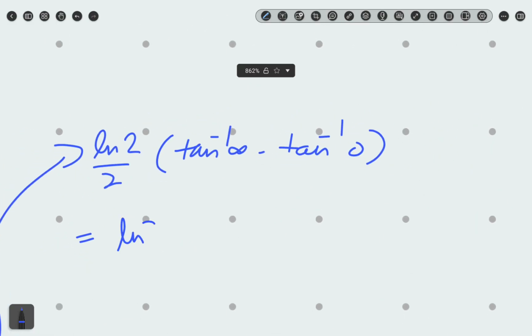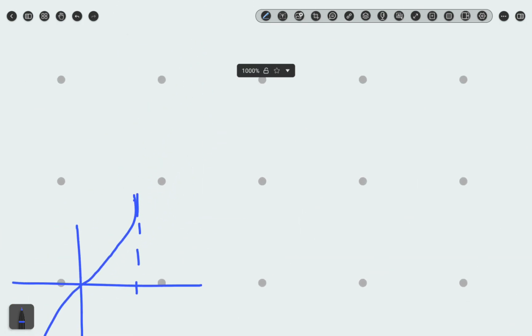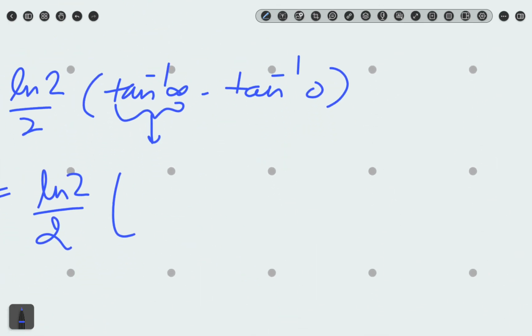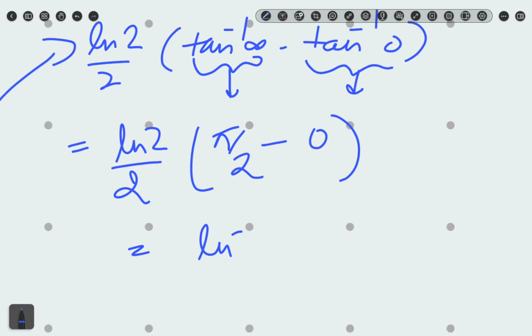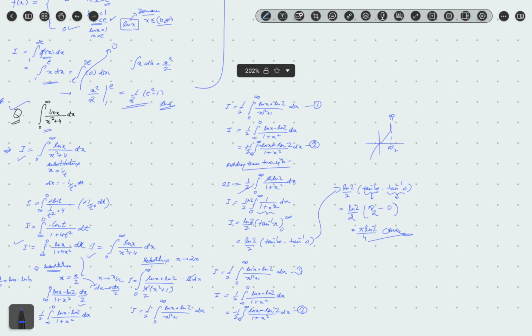We know the graph of tan, so at pi by 2 it tends to infinity. Infinity is never exact, so we can write this as pi by 2, and tan inverse 0 is obviously 0, and this gives us pi ln 2 by 4, right, and this in fact is our answer.